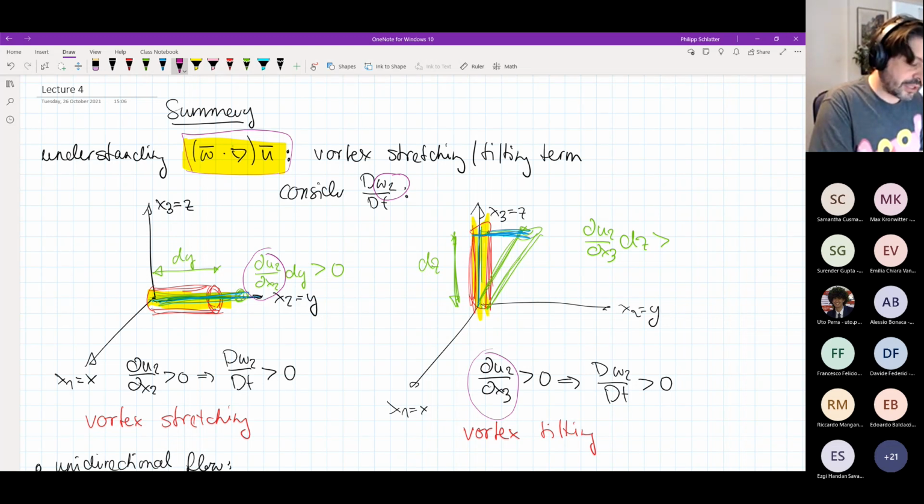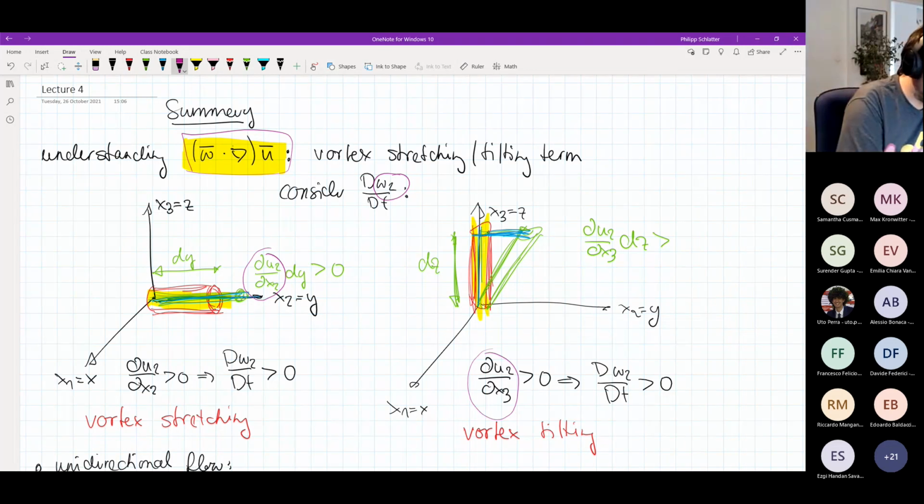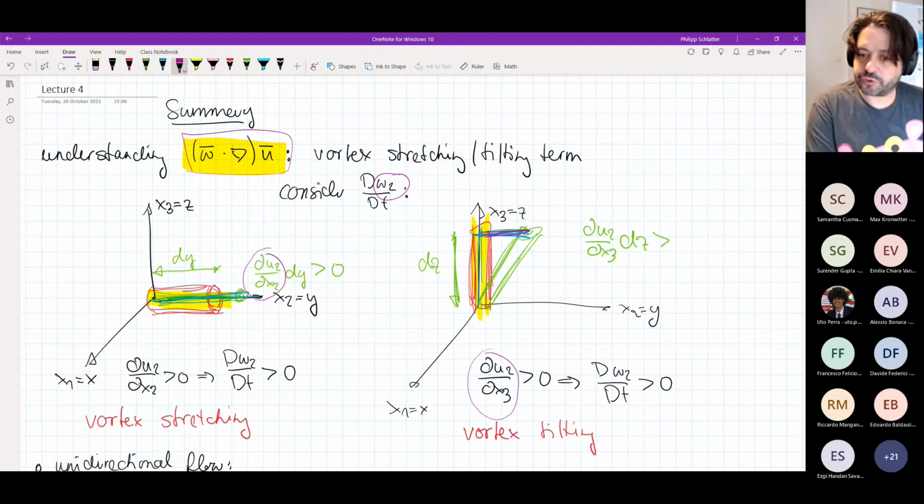If the flow field is such that we have the velocity u2 changing as a function of x3, as in this case as a function of the vertical direction, so we would essentially tilt a fluid element from the vertical direction sideways, we would actually create a little bit of vorticity in the two direction here on top.